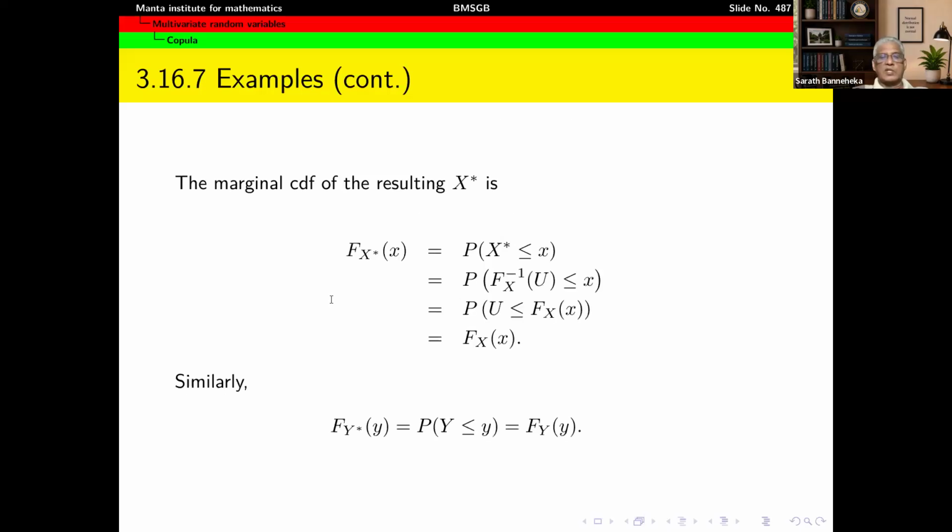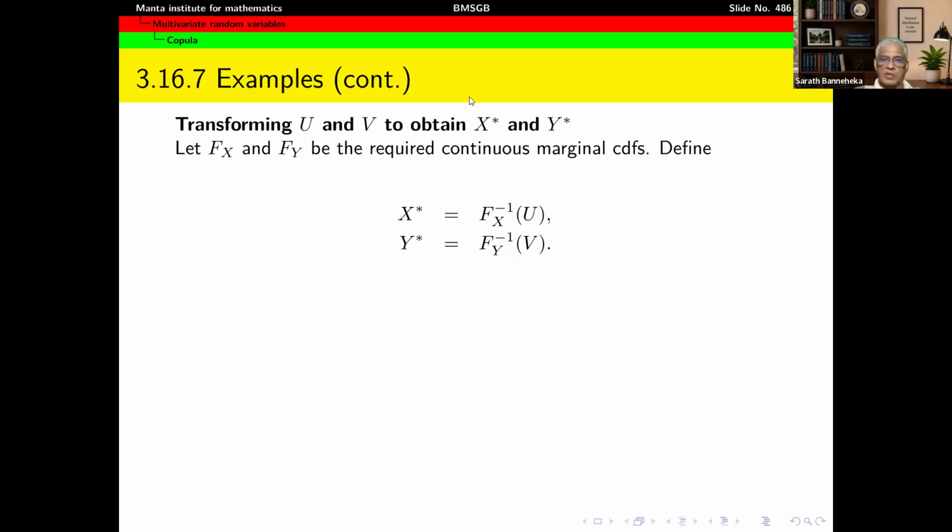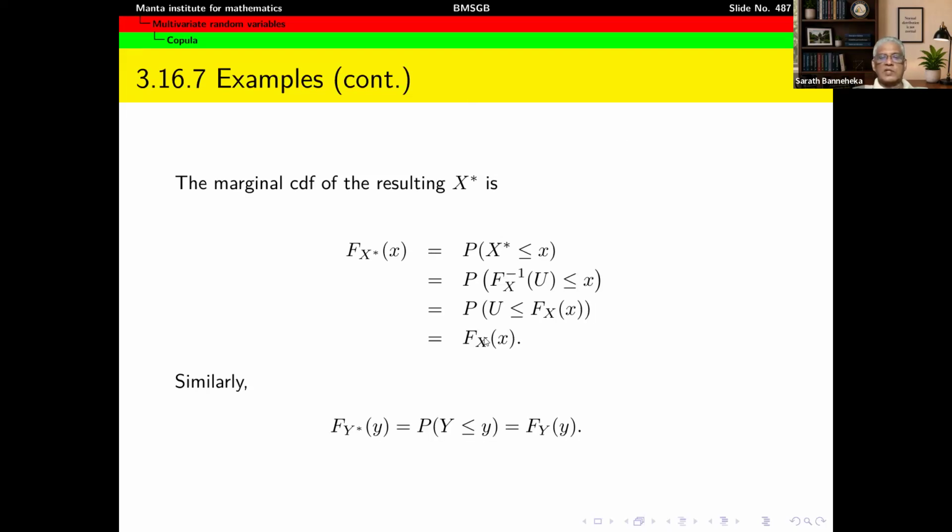And we can show that the CDF of x star coming from this method is actually the same as the marginal CDF that we want originally, right? And similarly, the marginal CDF of y star coming from this procedure is actually the marginal CDF that we want.